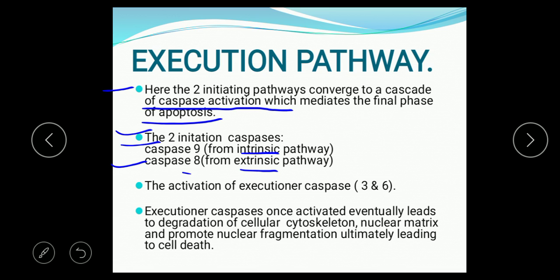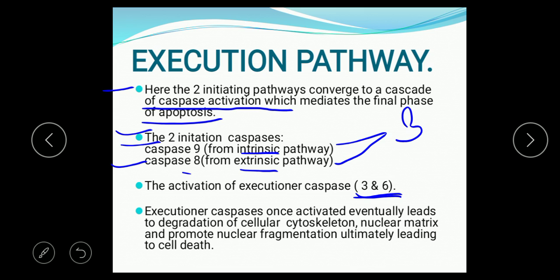Both of these caspases finally converge to a common caspase, that is caspase 3, and this caspase 3 will execute the further apoptotic process. This is the activation of executioner caspases, that is caspase 3 and 6.